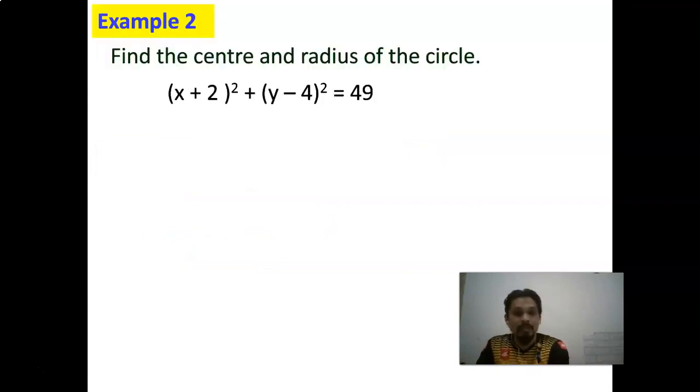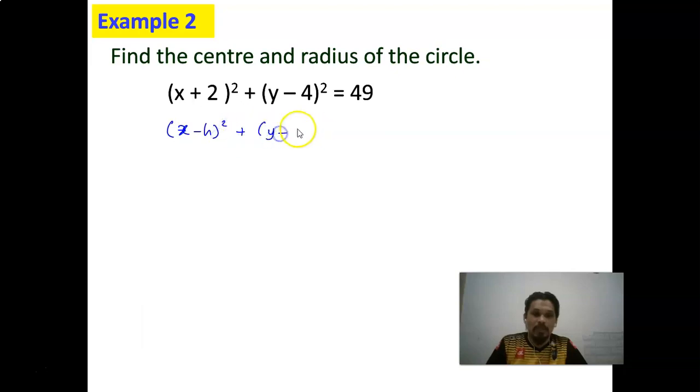Next, find the center and the radius of the circle. For this one, again we compare with the basic equation of the circle, where (x minus h) squared plus (y minus k) squared equals r squared.